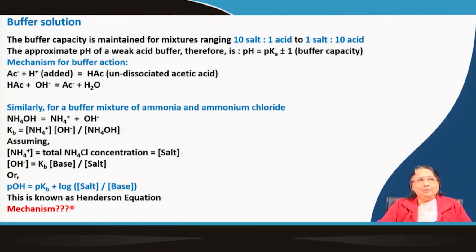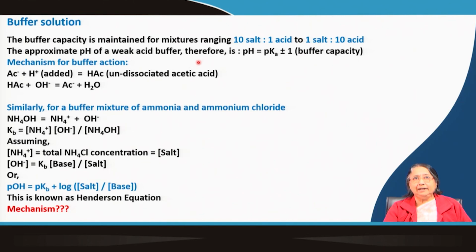It is not like you will add 100 milliliter of strong acid solution to 1 liter of buffer solution and the pH will be unchanged. It is not like that. If you add a small amount of acid or small amount of base to a buffer solution, then the pH change will not be there, meaning it will resist the change. Okay. This is very important. So, buffer capacity is very important.